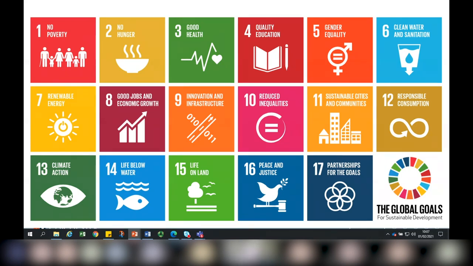So globally, they want to reduce poverty, hunger, etc. So these are the 17 sustainable development goals that all ethical businesses and governments are working towards. And some of them we're going to be focusing on in this module.